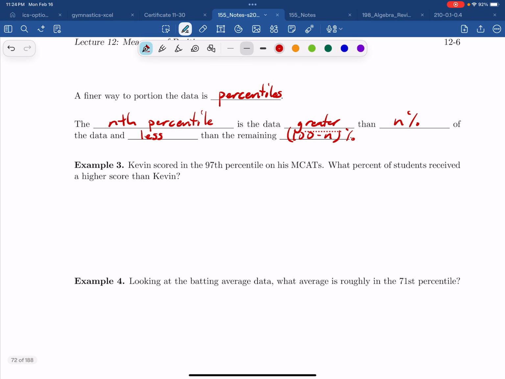So, for example, if Kevin scores in the 97th percentile, 3%, because that's 100 minus 97%, which equals 3%, did better than Kevin.